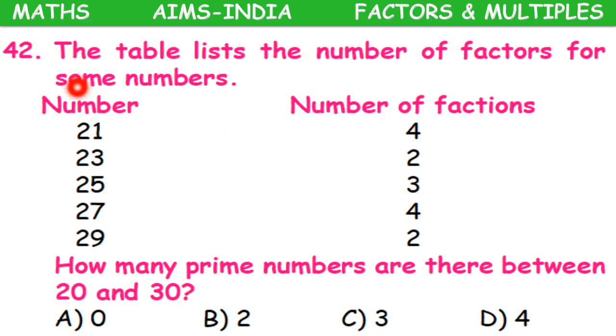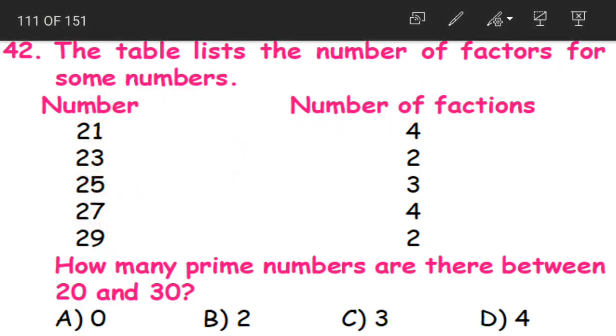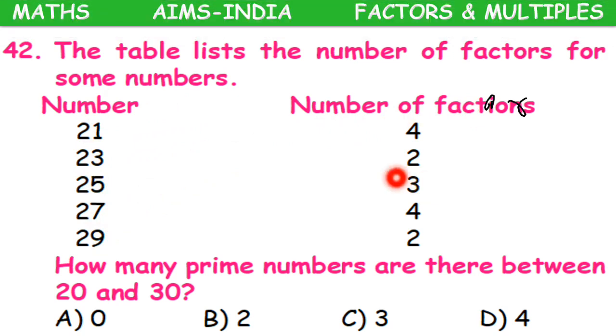Next question. The table lists the number of factors for some numbers. See here we are having a list of numbers and then we have the number of factors of those numbers. How many prime numbers are there between 20 and 30?